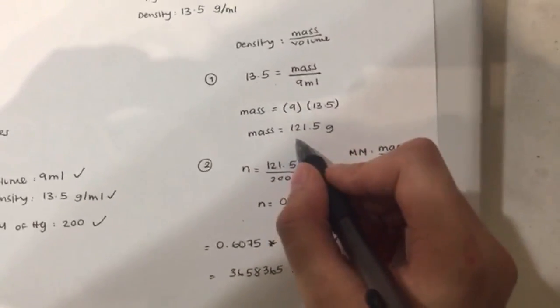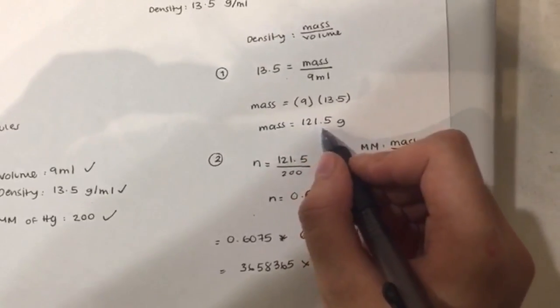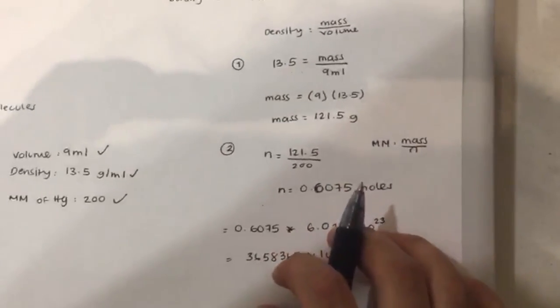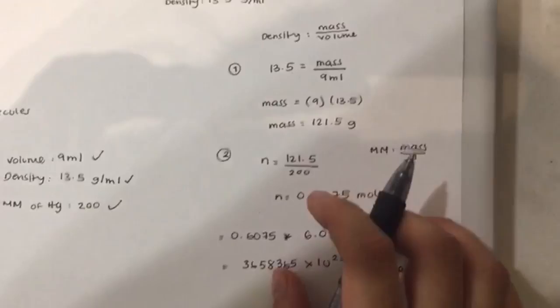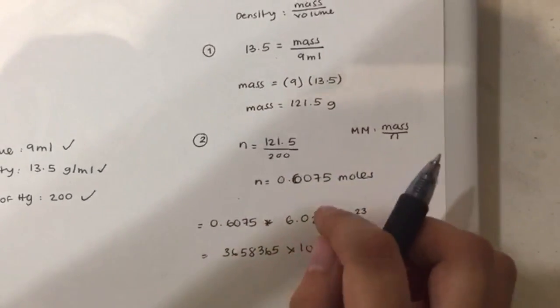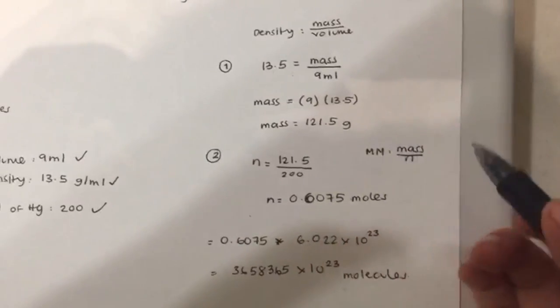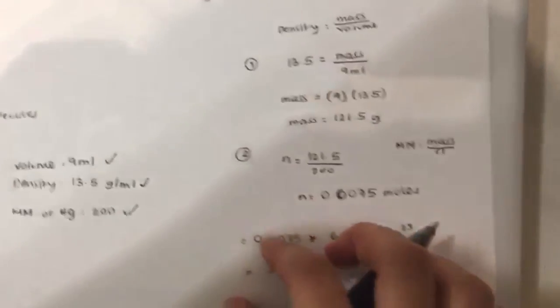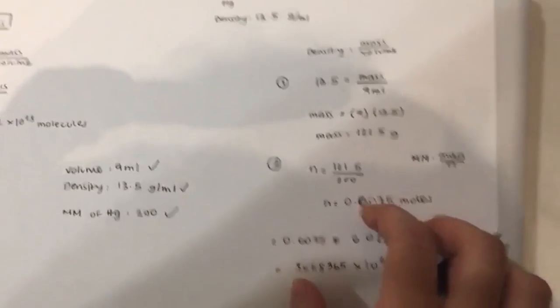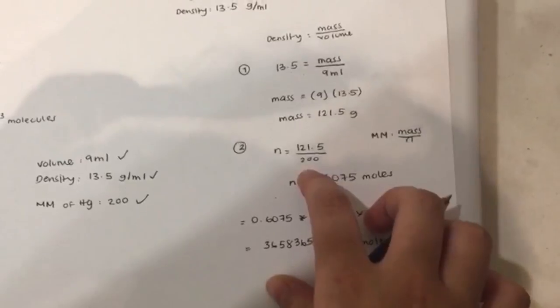And it gives us 121.5 grams. Then with this we exchange it for the moles and we get mass divided by the molar mass, that is 200.